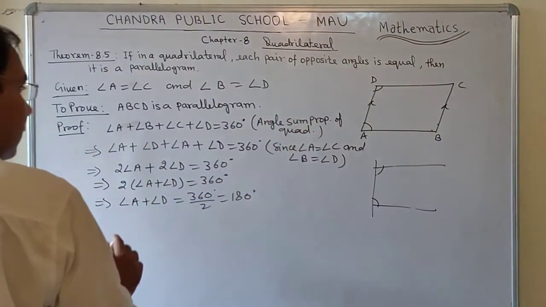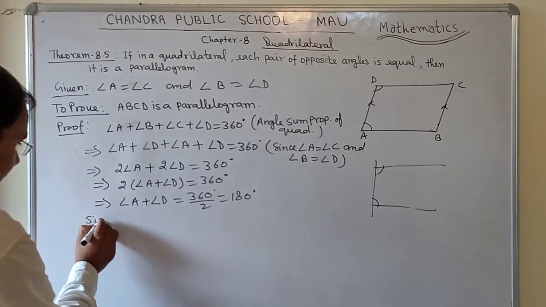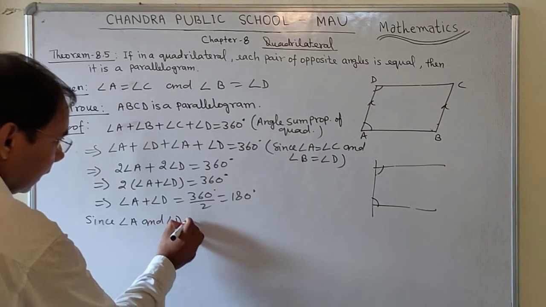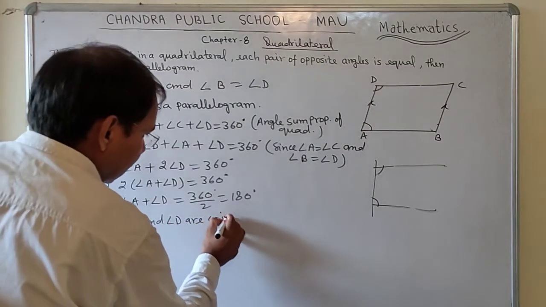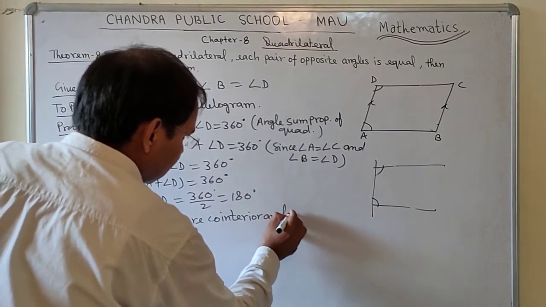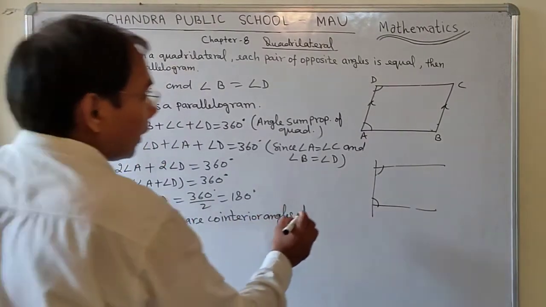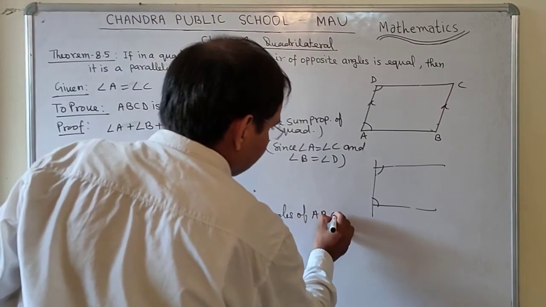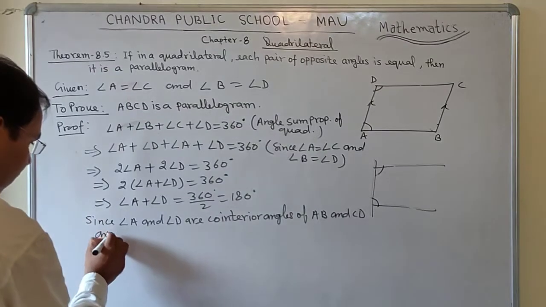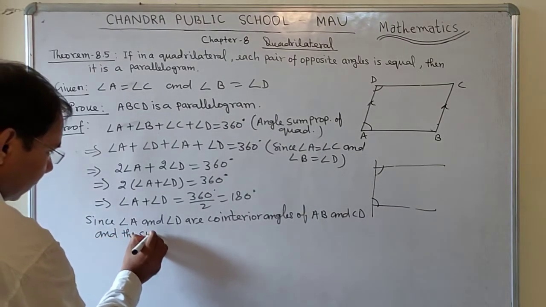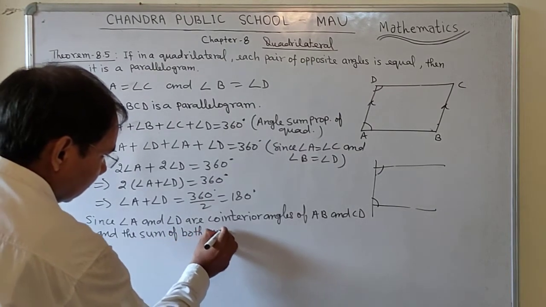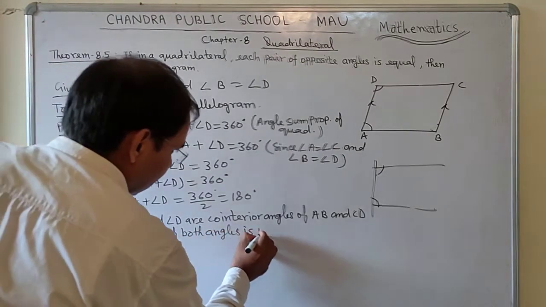So here you can write, since angle A and angle D are co-interior angles for AB and CD, and the sum of both angles is 180 degree.